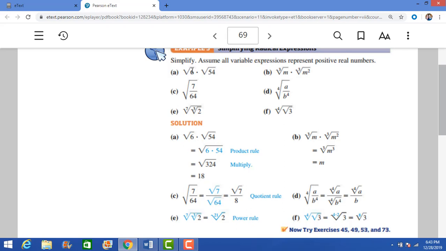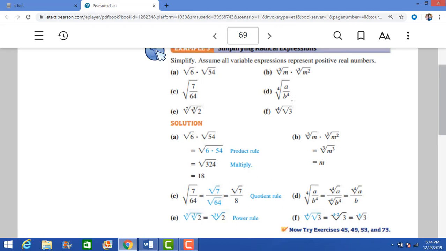In this case here, we can combine these by using the property of radicals, and we could write this as one radical, and so we can write this under the radical, and we get the radical of 6 times 54, which gives us the square root of 324, which turns out to be 18.